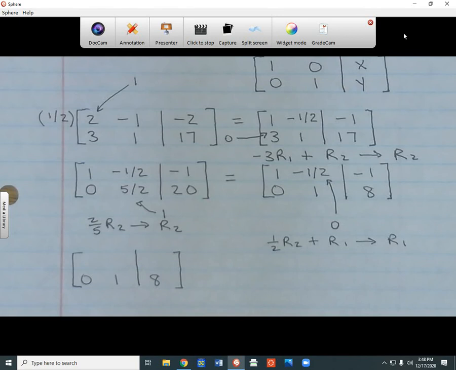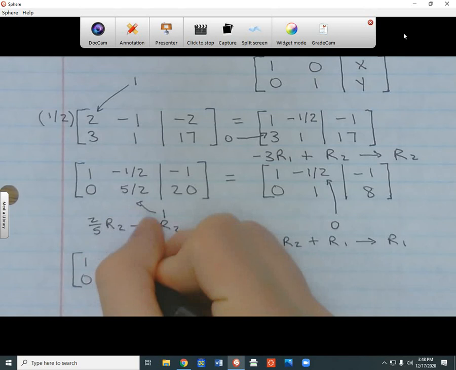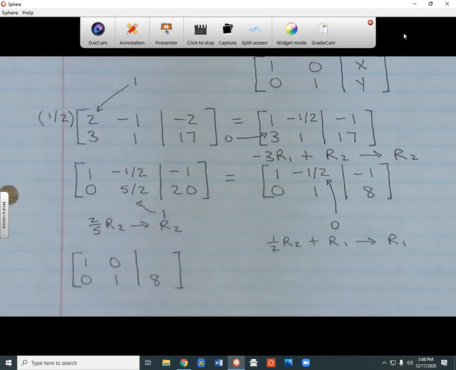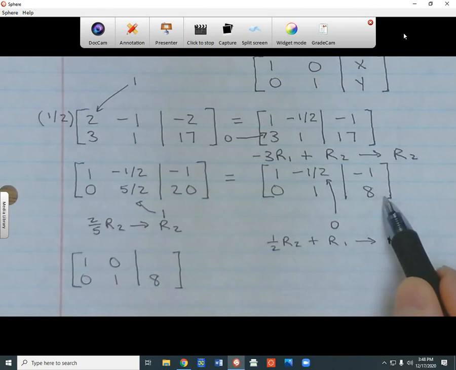So I'm still going to get a 1 up here because I'm multiplying 0 by 1/2. If I multiply this 1 by 1/2, I will get 1/2, and when I add that to -1/2, I'll get 0. Great. So now the last thing I need to do is multiply the 8 by 1/2 and add that to the -1. So 8 times 1/2 is 4. 4 plus -1 is 3.